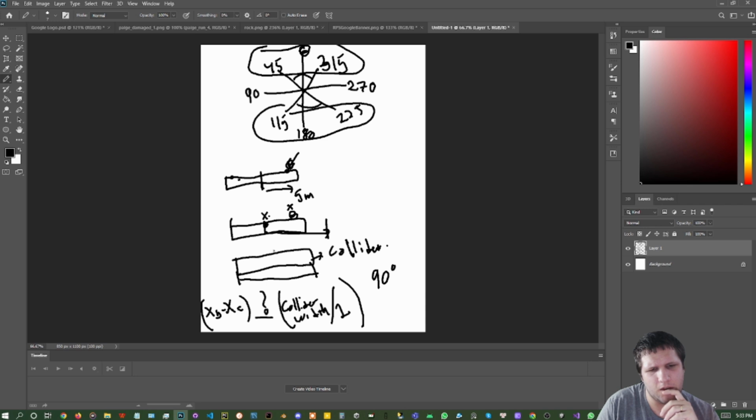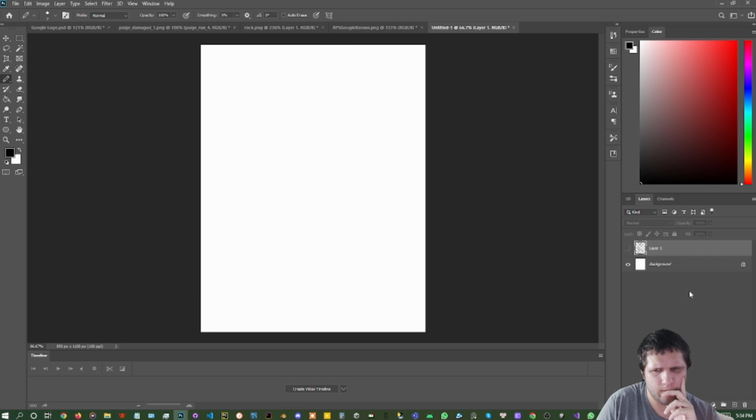Perhaps we can also get the y of the collider and the y of the ball. Of course, with the y and the x of the ball, we're going to have to subtract the radius. Okay. So we have the x.